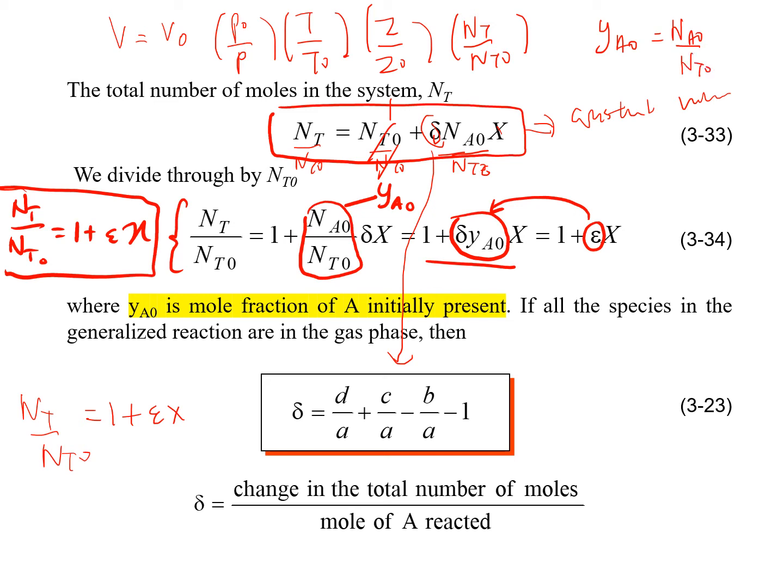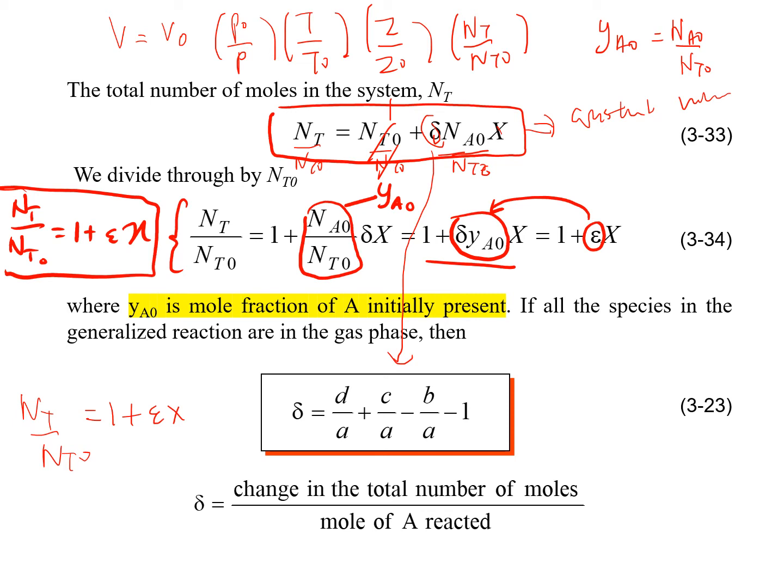Alright, so this is the fraction. Okay, so you can simplify it. Alright, and then it becomes 1 plus del X, and this one times with the y A naught. Okay, so this one can be replaced with the 1 plus epsilon X.